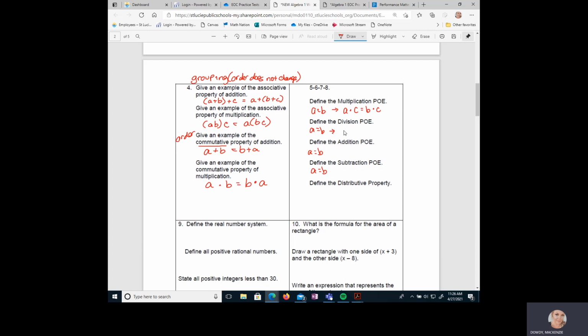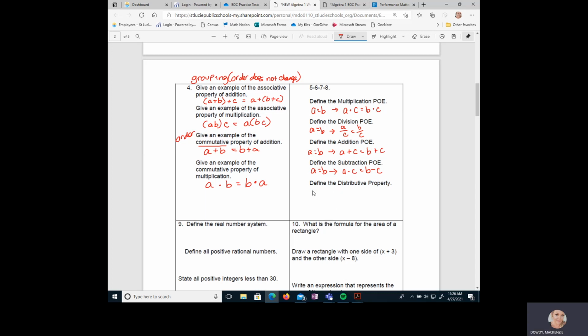Division, same thing. A divided by C is the same thing as B divided by C. Addition, A plus C is the same thing as B plus C. Subtraction, A minus C equals B minus C, same thing.